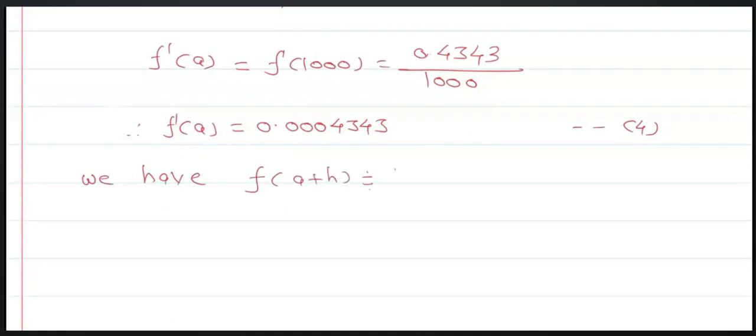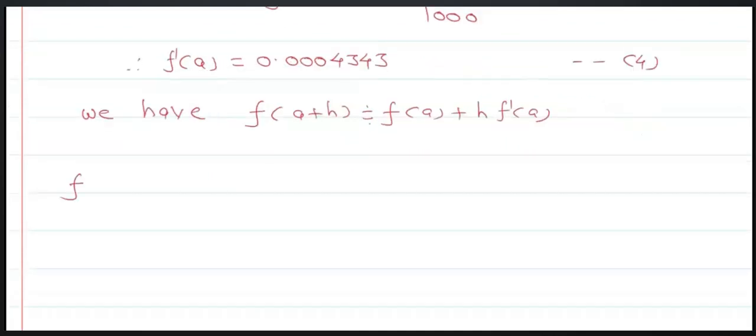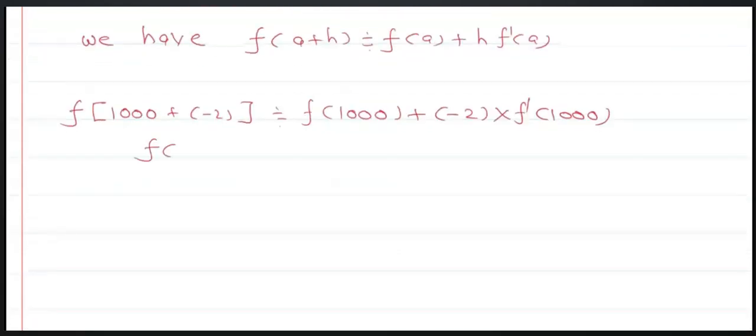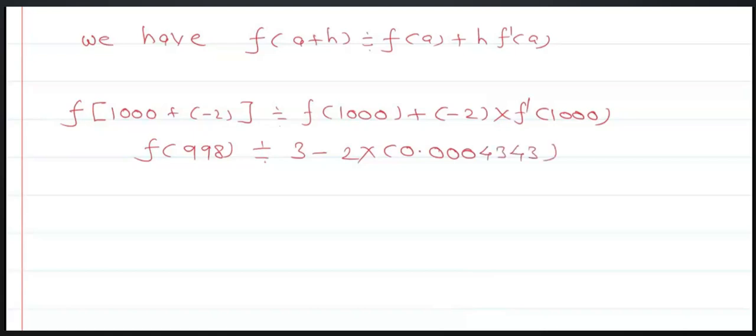We have f of a plus h is approximately equal to f of a plus h into f dash of a. That is f of 1000 plus (minus 2) is approximately equal to f of 1000 plus minus 2 into f dash of 1000. That is f of 998 is approximately equal to 3 minus 2 into 0.0004343. Now perform the multiplication.